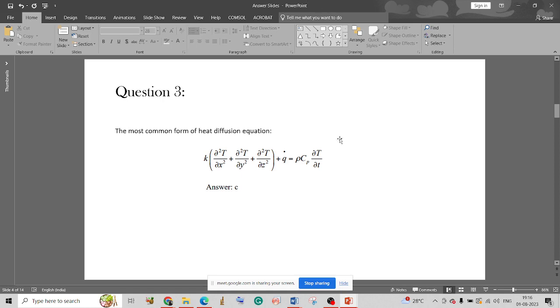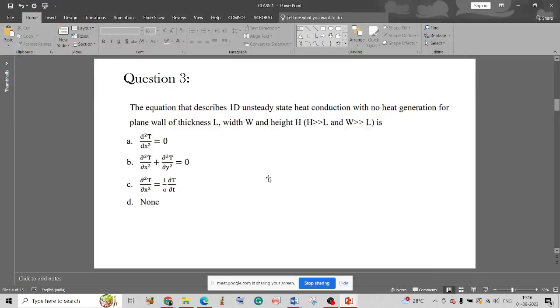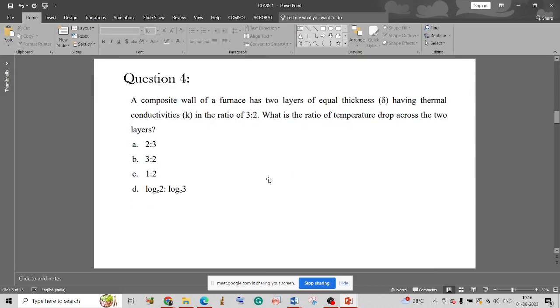Now, it is said to be one dimensional flow, so obviously y and z won't be there, only x will be there, and heat generation is also not there. So the option will be C. Now let us proceed to the next question.